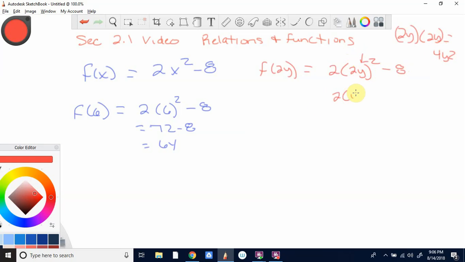So you have 2 times 4y squared minus 8. Then you multiply this. It's 8y squared minus 8. And that's it, because they're not like terms, you can't go any further. So stop the video, do 4A and 4B guided practice.